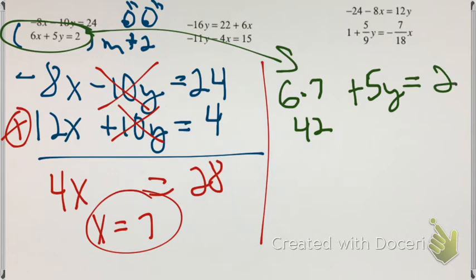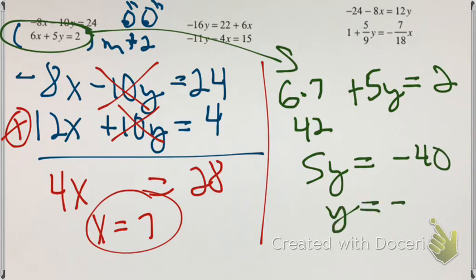Okay, I'm going to subtract 42 from both sides, so I'm going to get 5y equals 2 minus 42, negative 40. So y equals negative 8. All right. So that is going to be what that one looks like.